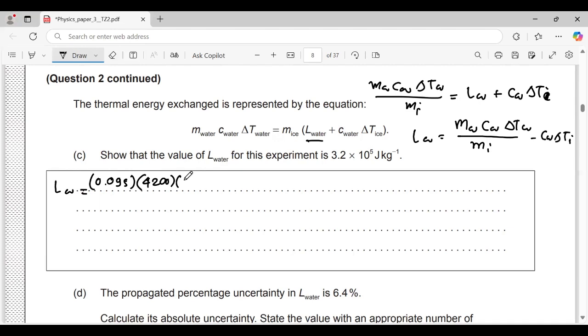Delta T water is 25, from 20 to 45, over the mass of ice, 0.025 kg, minus, not multiply, I mean minus, the specific heat capacity of water, 4,200 C water, and delta T ice is 20.